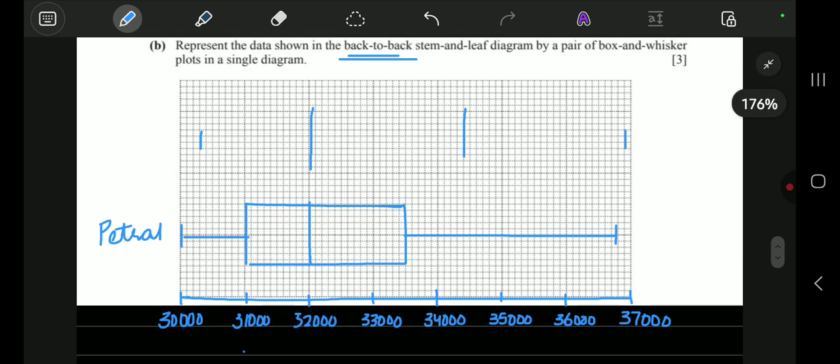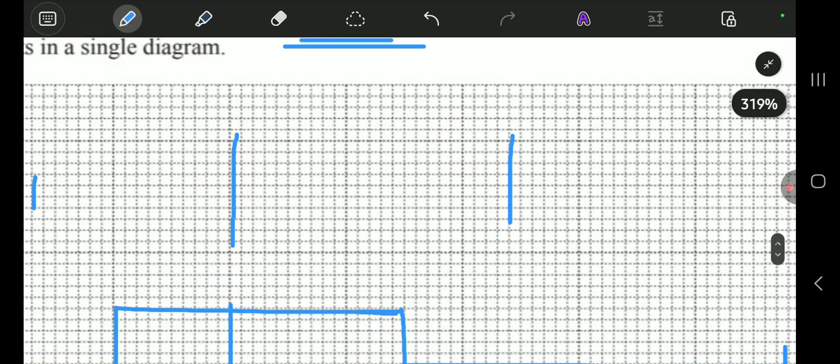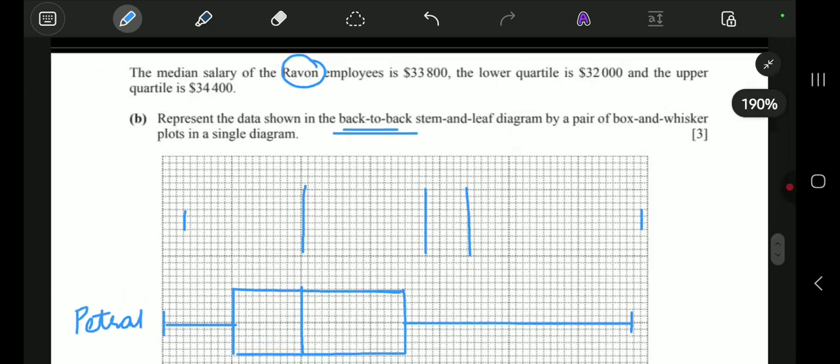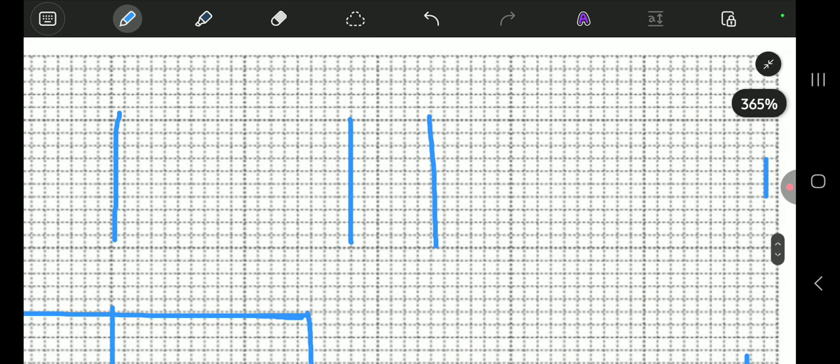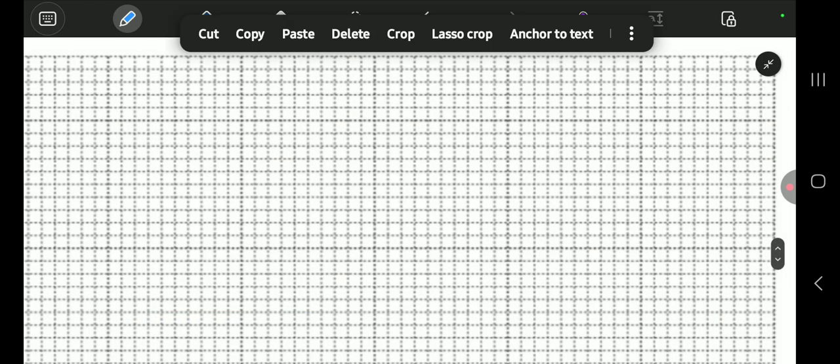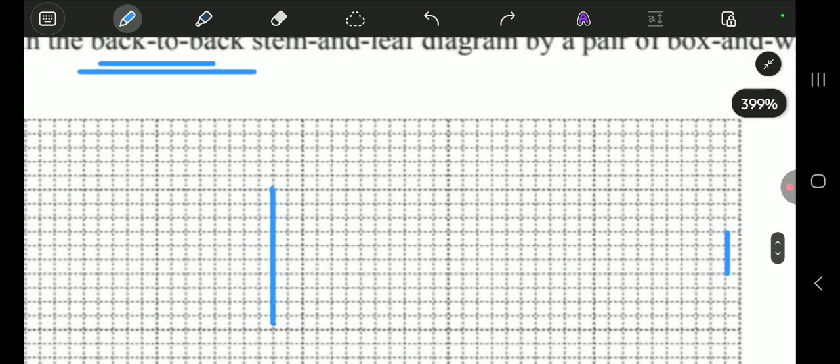So 33,800 would be here. Just one second.